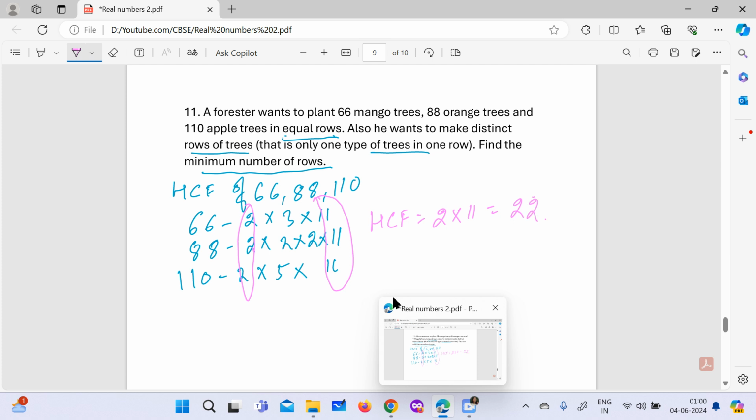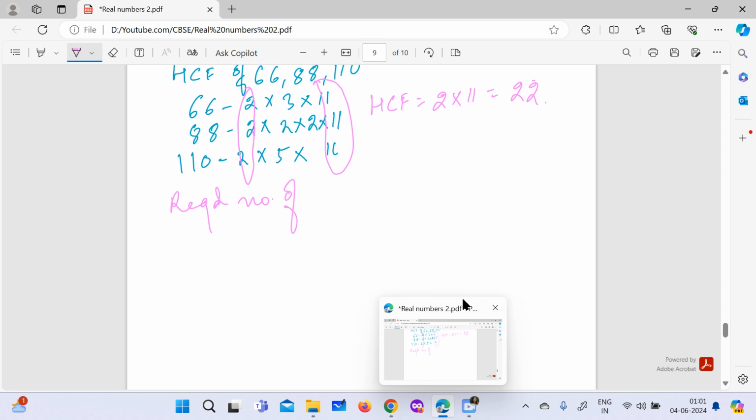Now we will find the number of rows for each kind, for mango, for orange, and for apple. So we can find the required number of rows. It is 66 over 22 plus 88 over 22 plus 110 over 22.